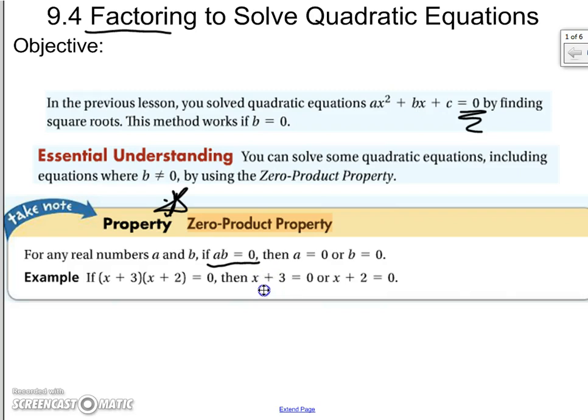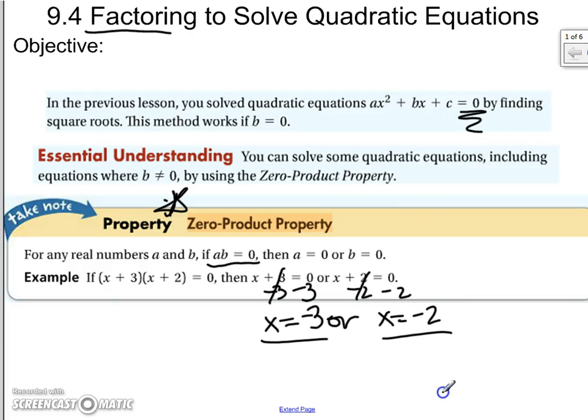I can subtract 3 from both sides, giving x equals negative 3, or subtract 2 from both sides, giving x equals negative 2. Those are my solutions, x equals negative 3 and x equals negative 2. We're going to continue this on the next page.